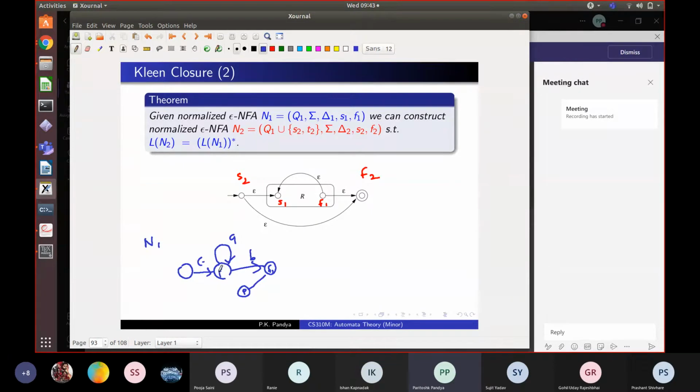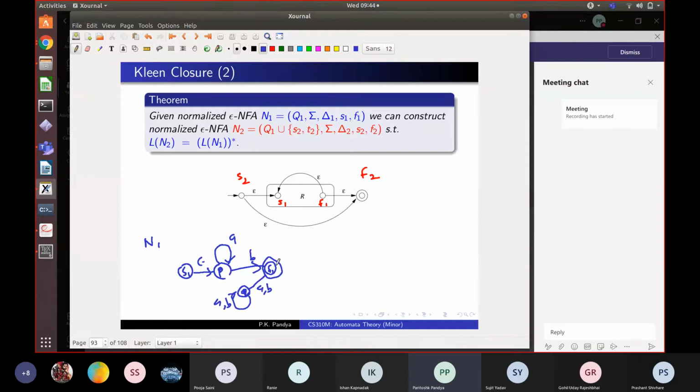And this is S1, and this is the final state. On both A or B, it will go here, and then on A or B, it will remain here, right? This is my epsilon NFA N1. It happens to be deterministic in this case.